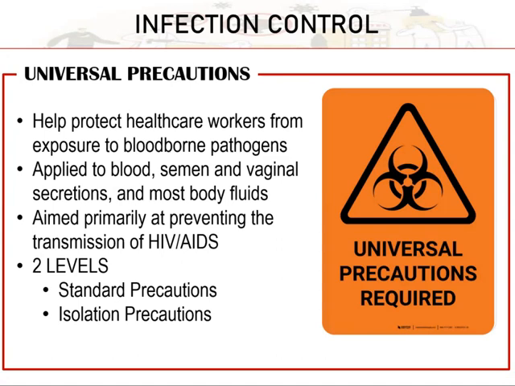But this type of precaution did not apply to fecal sample, nasal secretions, sputum, sweat, tears, urine, or vomitus unless they are contaminated with visible blood. So, it is only specific to the following samples that have connection with contracting HIV or AIDS.